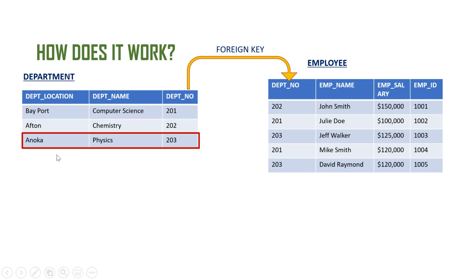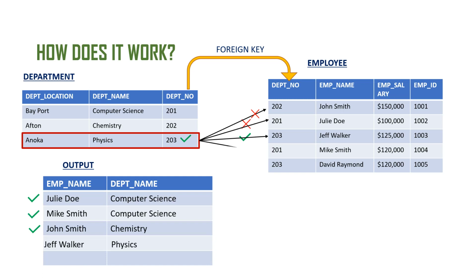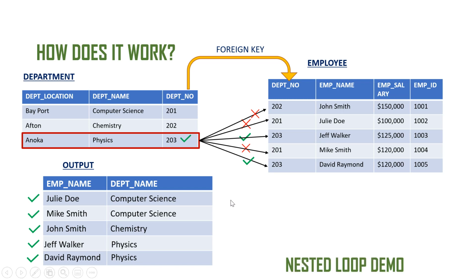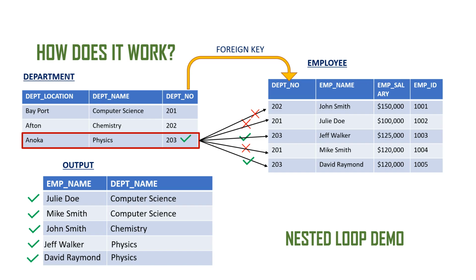Now it's going to go to the third row and again check with all the rows in the employee table. Jeff Walker is a match and David Raymond is a match, so those two rows are added to our output table. This is how the nested loop works, and let's check out a demo on that.